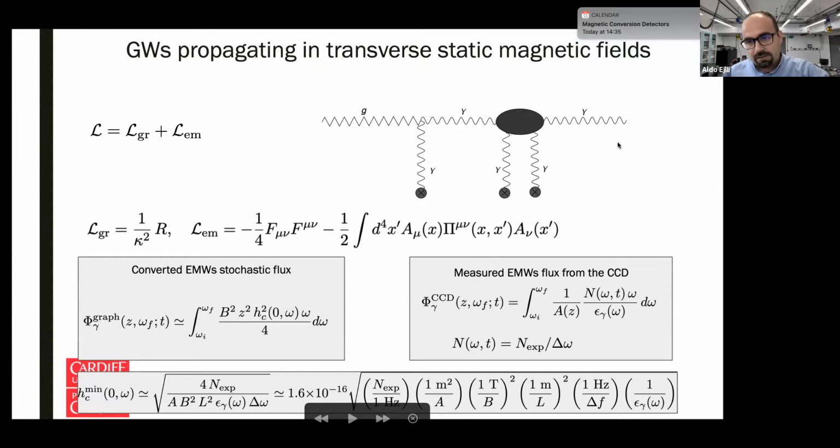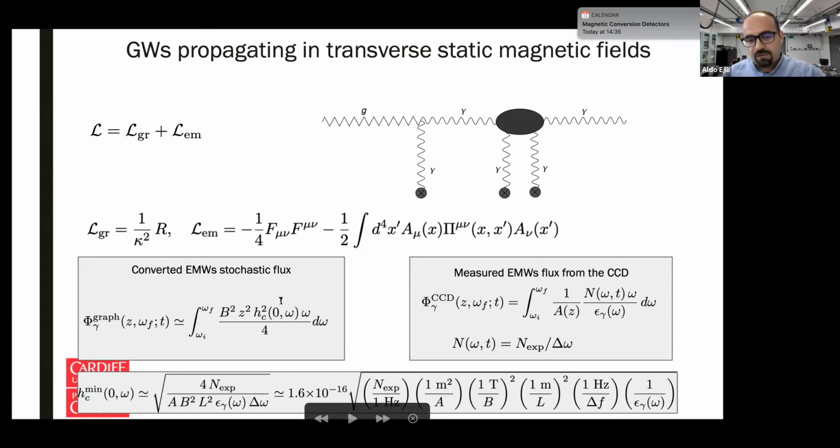On the other side, if we put the CCD, we can compute the flux that the CCD or the photodetector measures, and usually these photodetectors, in the dark, measure a number of photons per unit of bandwidth.